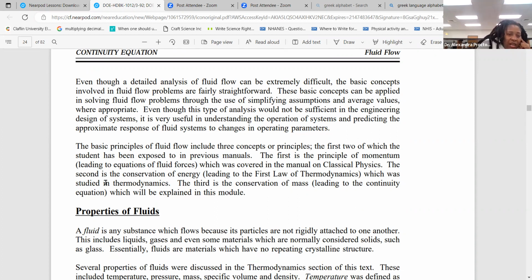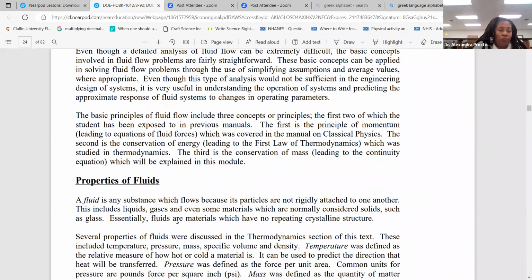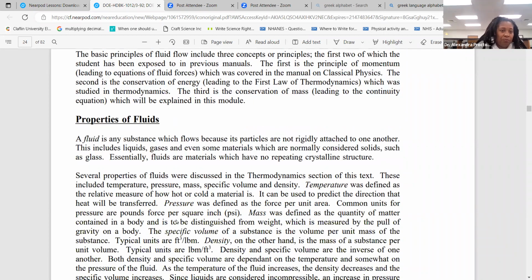The second is conservation of energy, and that leads to the first law of thermodynamics. The third is conservation of mass, which leads to the continuity equation, which is explained in this volume 3. So: momentum, conservation of energy, and conservation of mass.